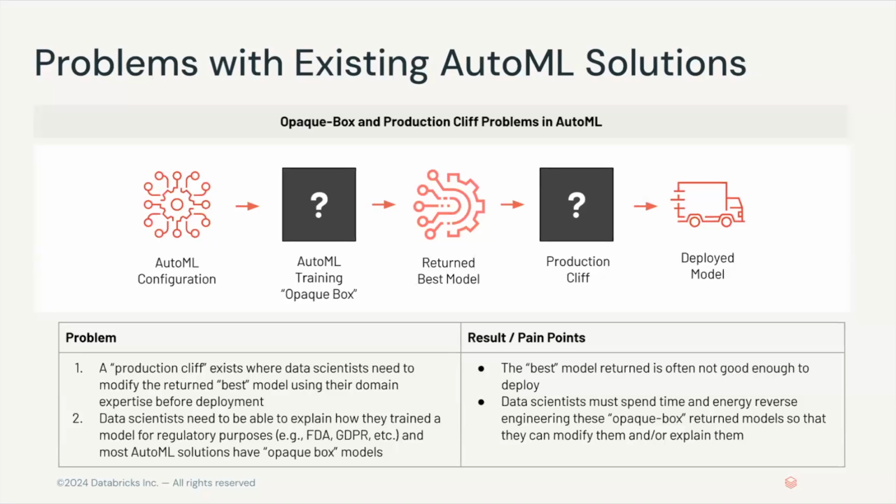What that means is that you really cannot see under the hood what went into coming up with that best model, how the hyperparameters were tuned, how much experimentation was done, or all the runs which were done in order to come up with that best model, how your different metrics that you want to see had worked. So it's basically just an opaque box.